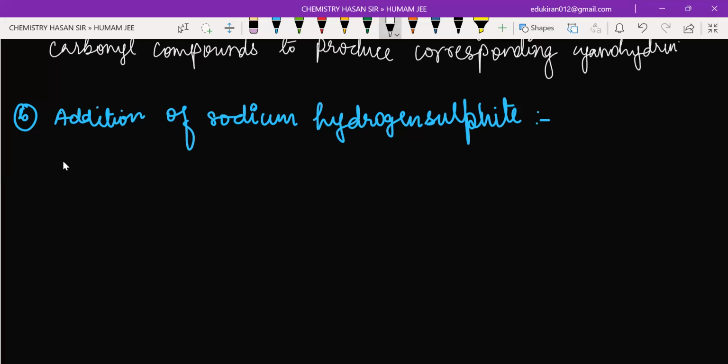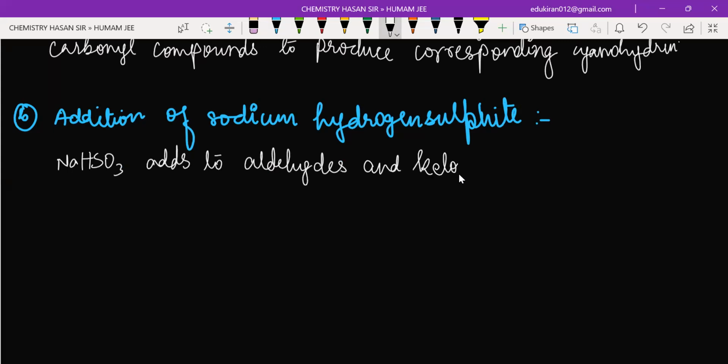Write it with me, then I will explain. Sodium hydrogen sulfite, that means I'm going to write directly NaHSO3 in place of it. It adds to aldehydes and ketones to form addition compound.